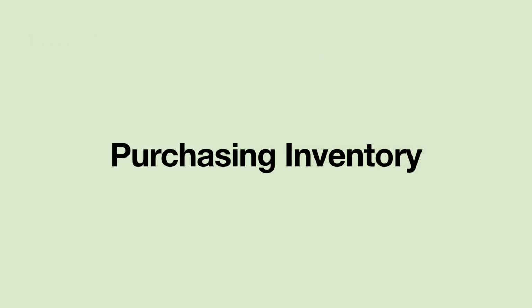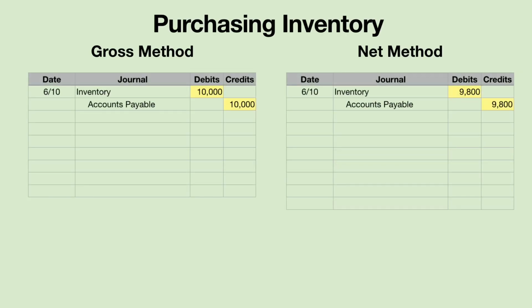Okay, next I'm going to show you the journal entries for purchasing inventory using the gross and the net method. On the left, we have the gross method. On the right, we have the net method. The journal entry is the same for both methods, except the numbers are different. When we buy inventory, we're going to debit inventory and credit accounts payable.